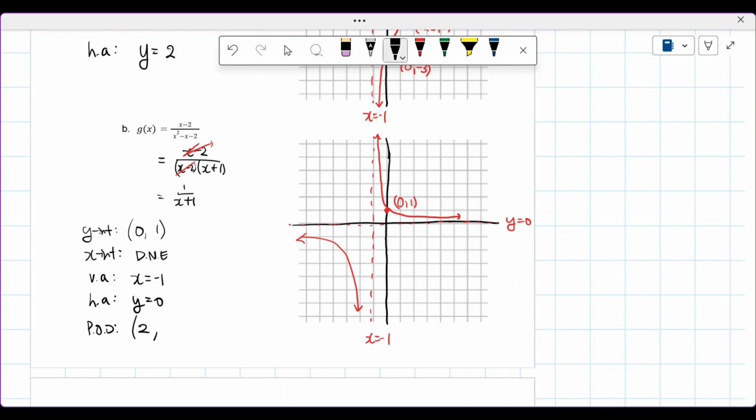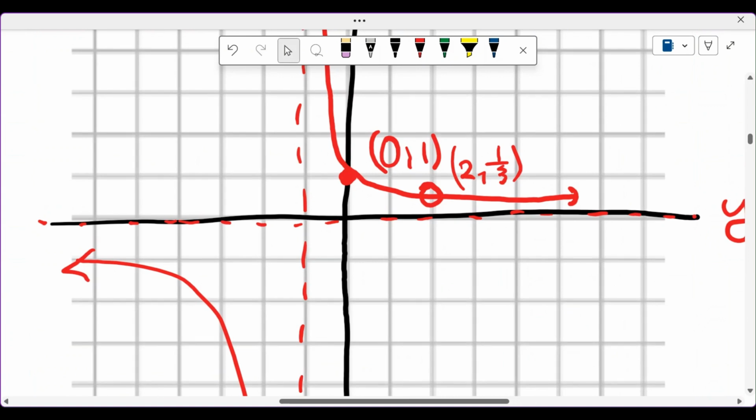So I plug in 1 over 2 plus 1, so it's going to be 1 over 3. So therefore, my point of discontinuity is at 2 comma 1 over 3, so that's about here. Technically, I need to erase that part.